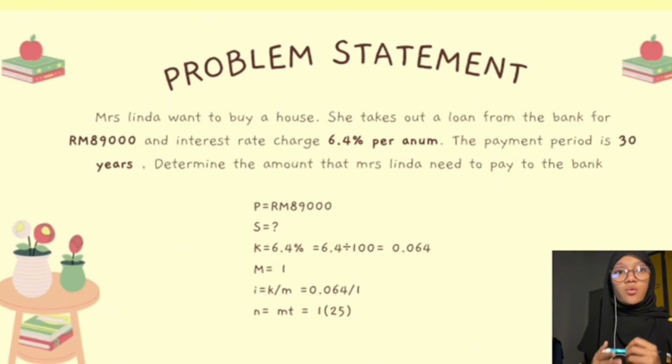M is 1 because per annum is once a year. I equals K divided by M, so we have 0.064 divided by 1. The last one, N equals MT, so we have 1 multiplied by 25.